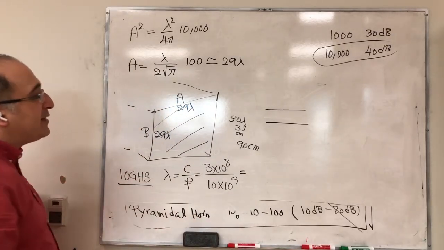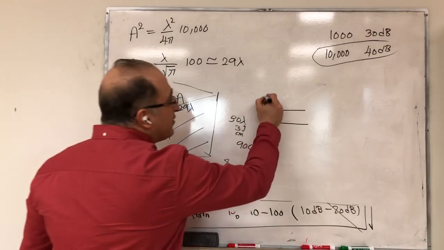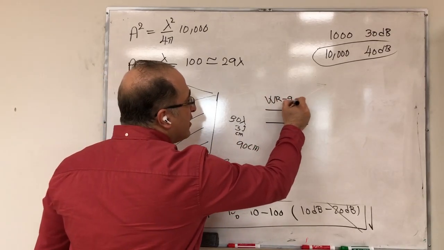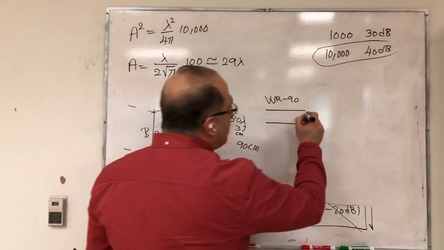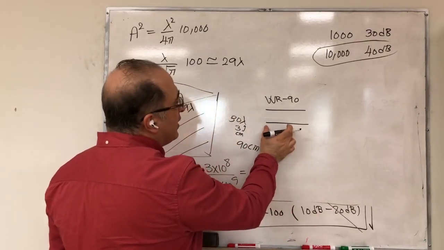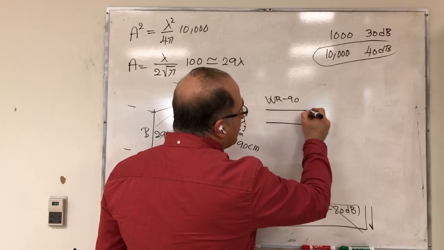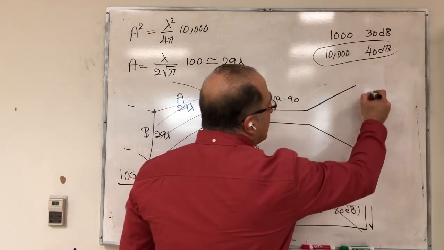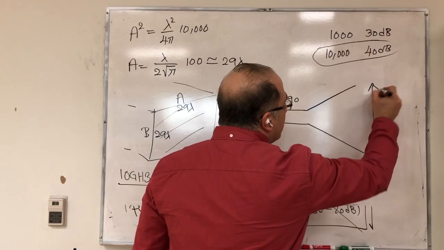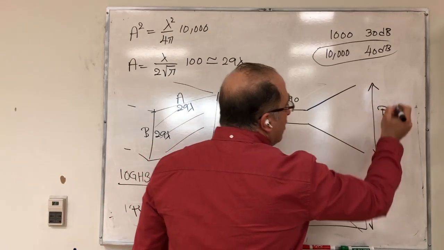So if I want to make this aperture, I need to start with the waveguide WR90, which is the waveguide for X-band. Now this is for my E-plane, and I'm going to start expanding into my aperture to get to, in this case, capital B.